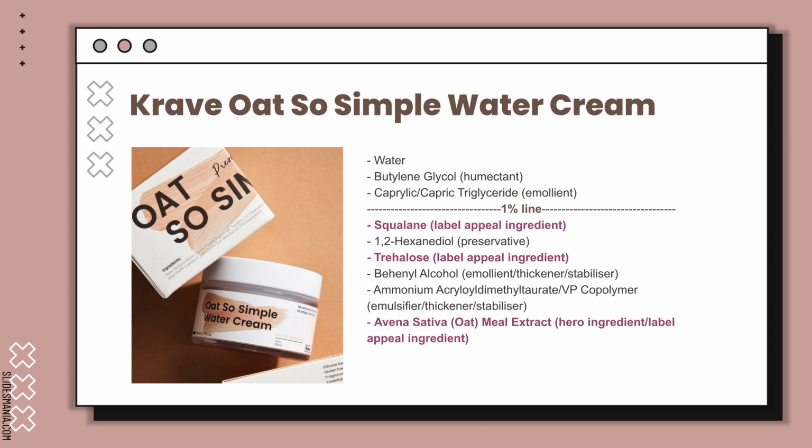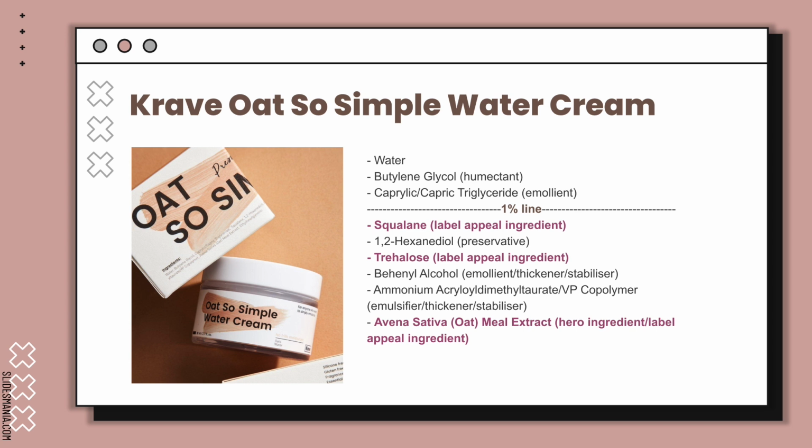It may go higher for some ingredients like squalane in this case, but sometimes they may be added at even lower amounts below 0.1%. These label appeal ingredients are, number 1, expensive, number 2, don't add to the functionality of the formula, and finally, customers rarely notice any difference, even if they were added in at a higher percentage.